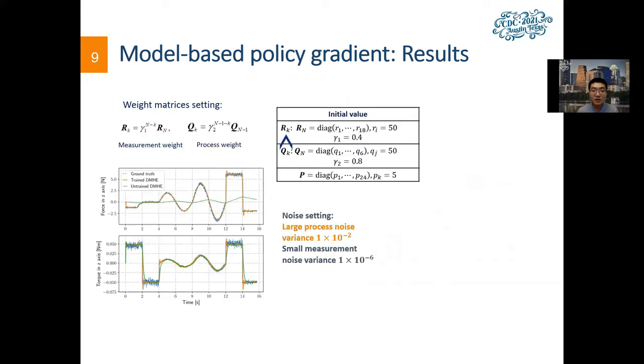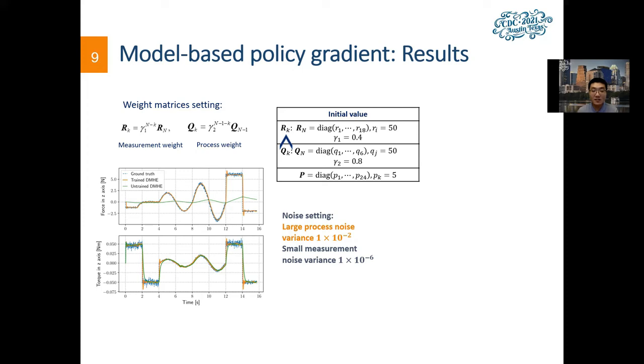The improvement of performance is due to the auto-tuning algorithm that optimizes the weight matrices. In the simulation, we set the process noise variance to be much larger than that of measurement noise. We also introduced the forgetting factors gamma 1 and gamma 2 to account for the historical data in one horizon. In this case, we should have set a large RK as we had high confidence in the measurement.